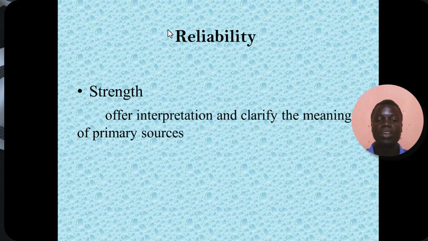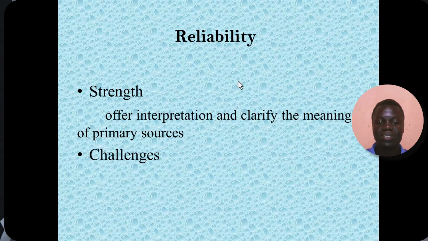Therefore, let us look at its reliability, in such a way that we look at the strengths and the challenges of this secondary source of information. One of the strengths is that it offers interpretation and clarity, and clarifies the meaning of primary sources of information. Let us briefly look at the challenges.